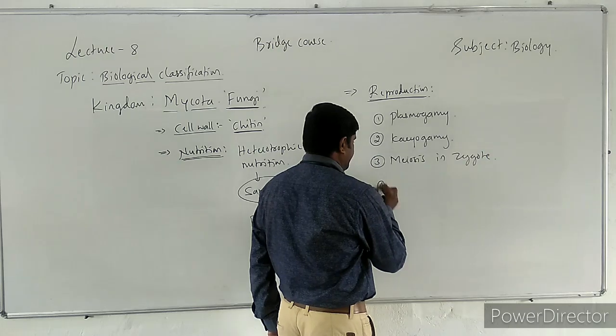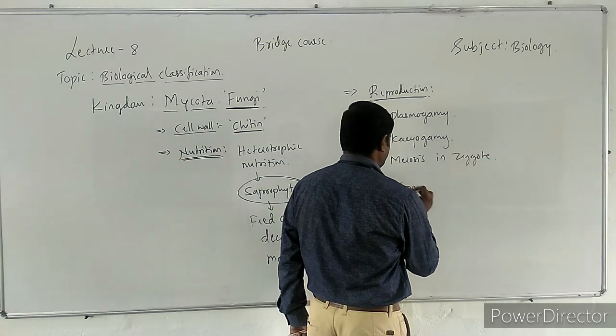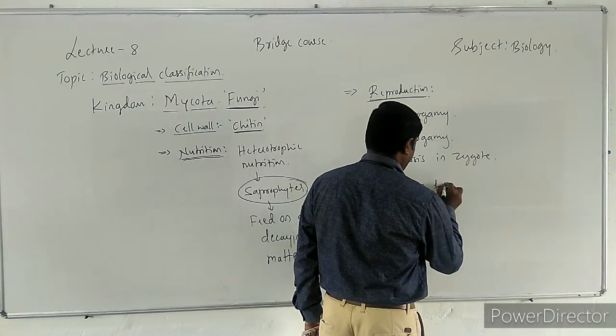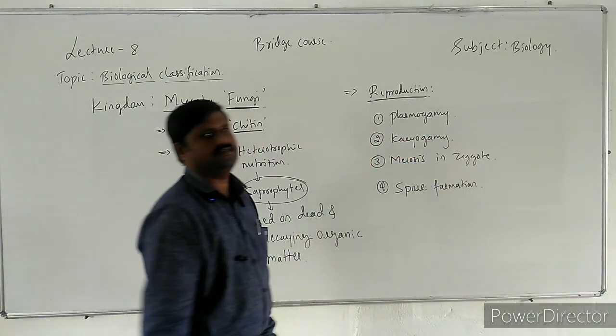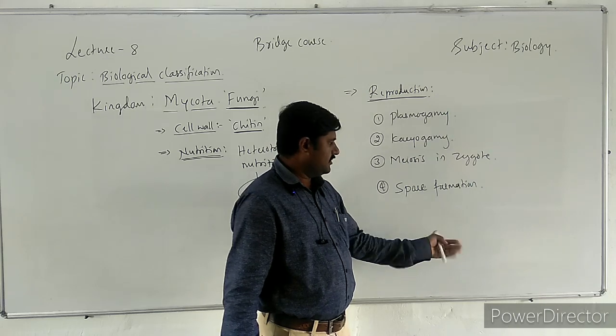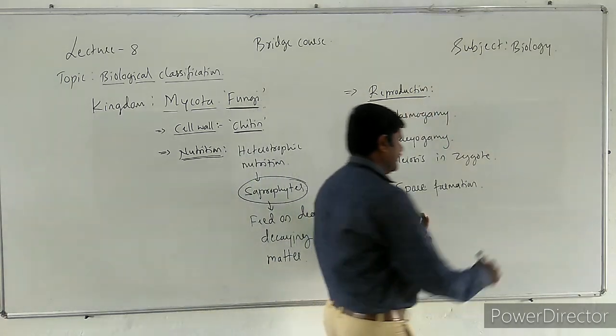Asexual reproduction takes place by spore formation. The majority of these organisms produce spores, and these spores grow into new individuals.